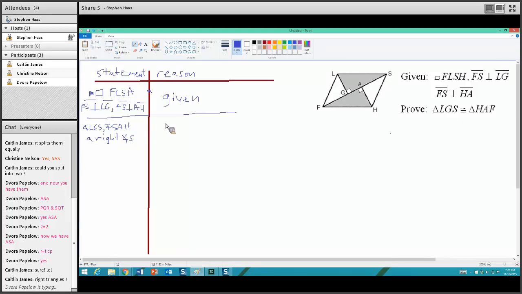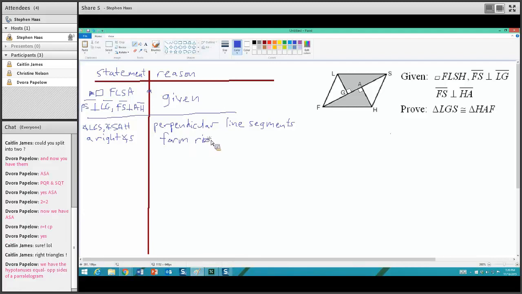And the reason is because perpendicular lines, or segments, form right angles. Okay. We have the hypotenuses that are equal. Okay, yeah, that's true also. So let's figure this out.